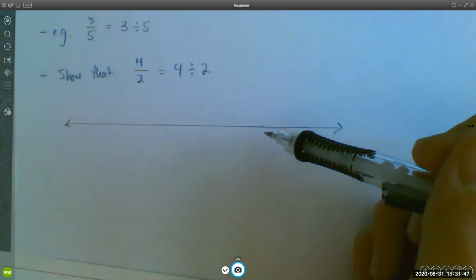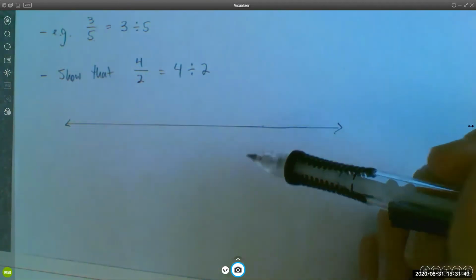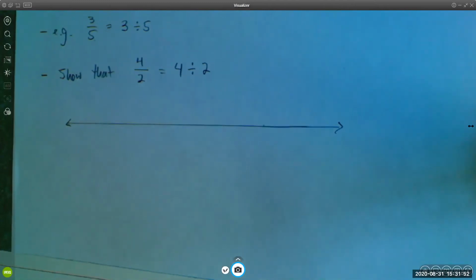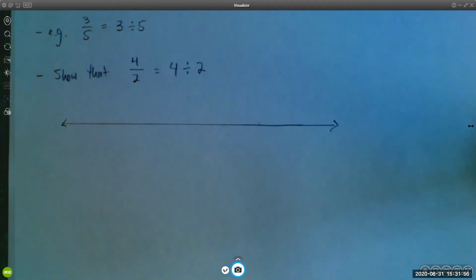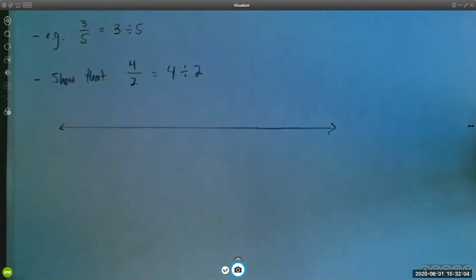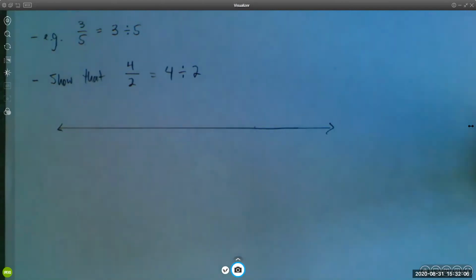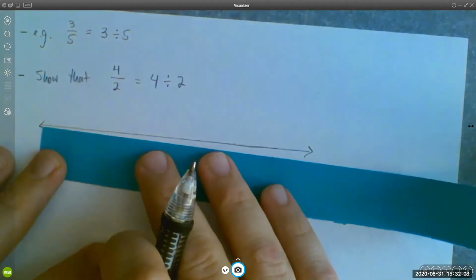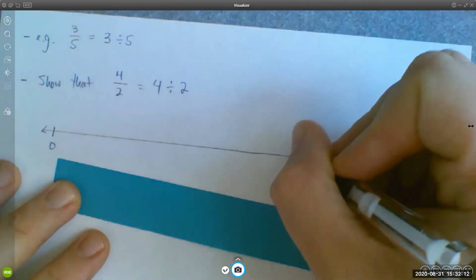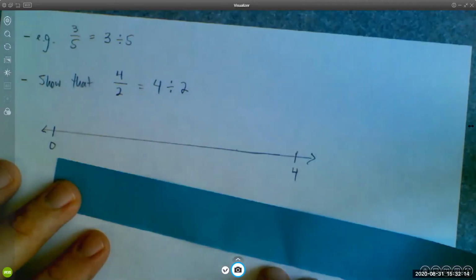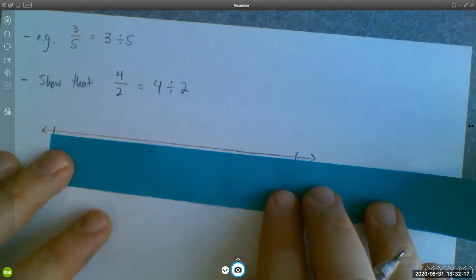So in order to make sure that this is happening very precisely, I need to split this up into 4 equal parts. So I'm going to take the fraction ruler I was using earlier and erase the marks that I made on it. So here's what I'm going to do. Let's mark this 0, and then let's mark this 4. And I'm going to split this into 4 parts.